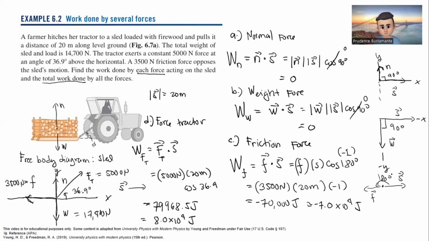So we have 80,000 joules for the force exerted by the tractor, and negative 70,000 joules for the friction. Those are the work. If it's opposing the motion, it is doing negative work. If it's perpendicular, the work done is 0.